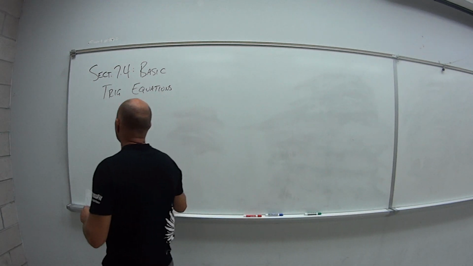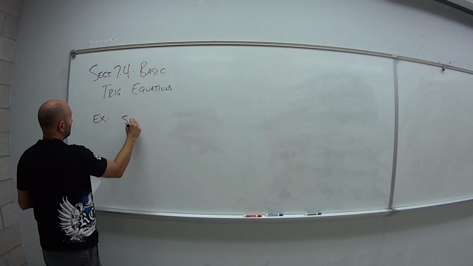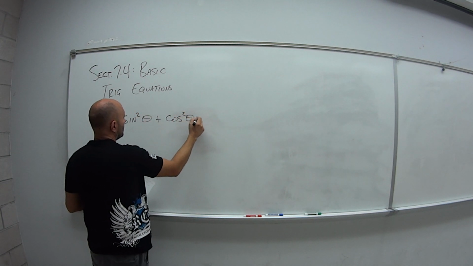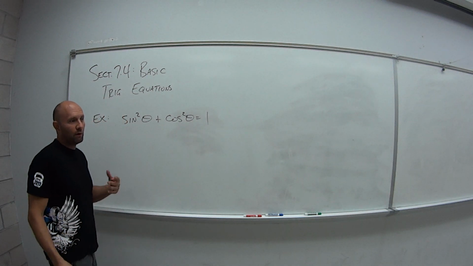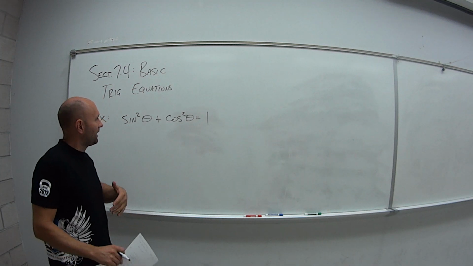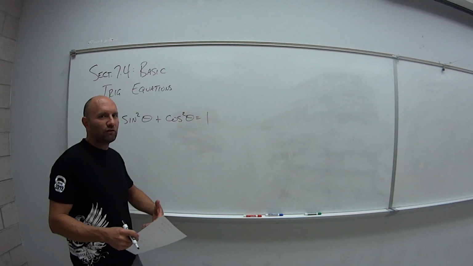So for example, we've had equations like sine squared of theta plus cosine squared of theta equals 1. Again, we know it's an equation because of the equal sign. If we don't have that, if we just have tangent of theta times secant of theta, that's just an expression.